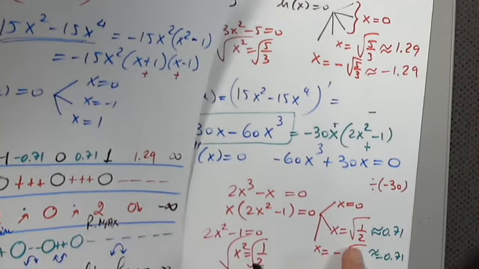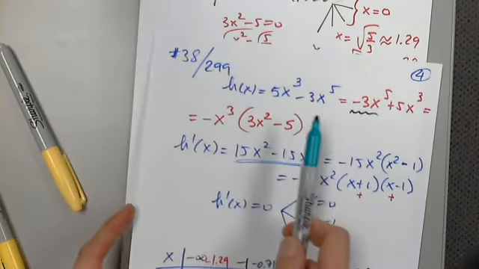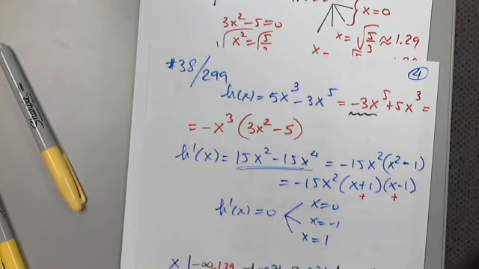This is what I'm going to plug in, not the approximation, in this function. So in y equals, I will plug in 5x to the third, and then minus 3x to the fifth.